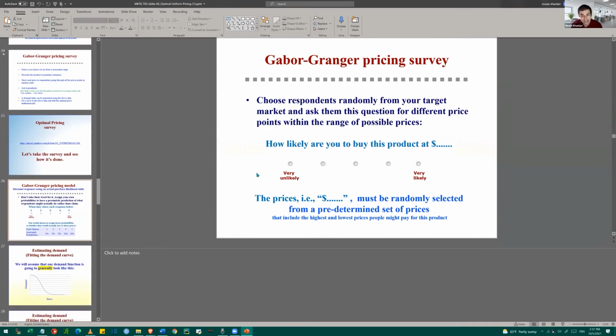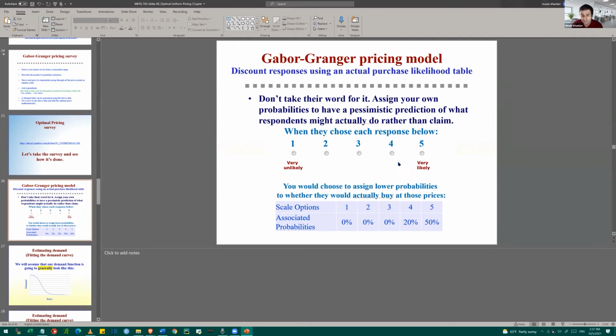So people answer this question. We collect the responses, but we also use some probabilities to discount or lower the weight of the responses. So we don't go out and optimistically rely on people's inaccurate responses. We become a little bit pessimistic with these probabilities. This enters our equations in the analysis itself.